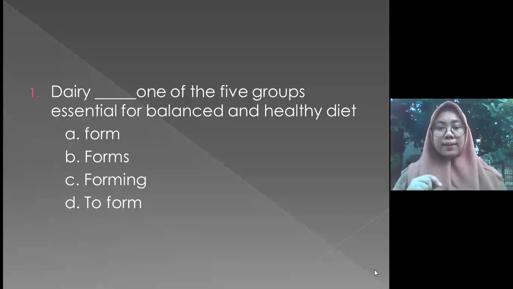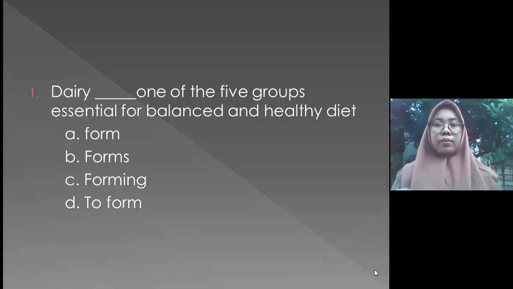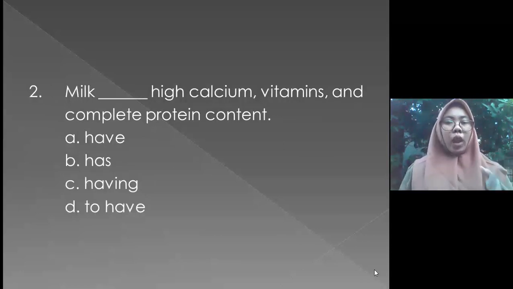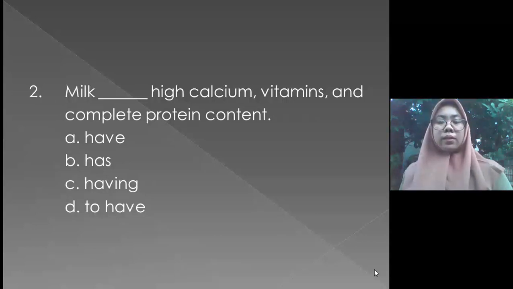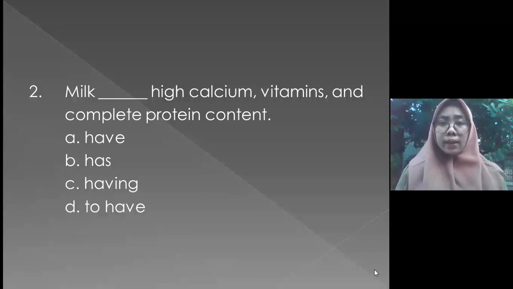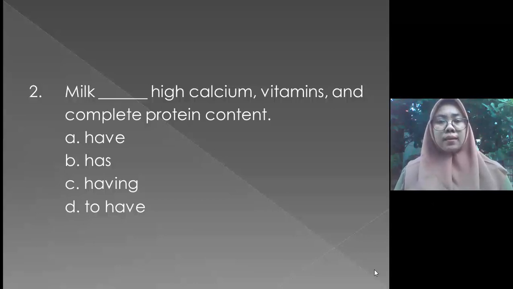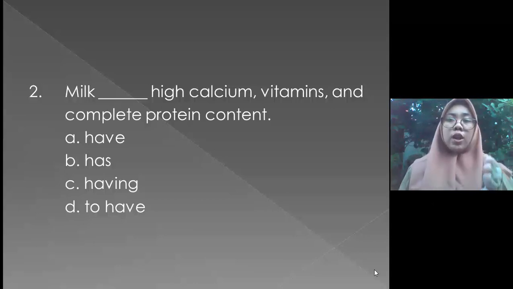Okay, plus s after the verb. Okay, the answer is B. Next, the second: milk blah blah blah, high calcium, vitamins, and complete protein content. Yeah, the same as the first sentence. We can see the subject is milk, so the verb must be singular because the subject is singular.